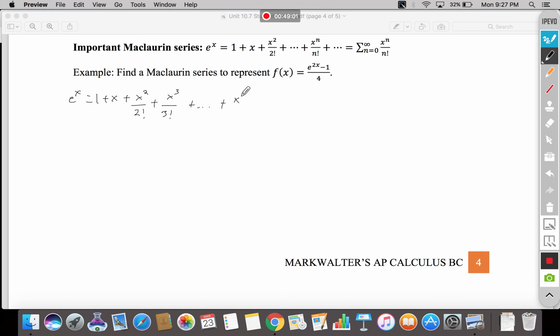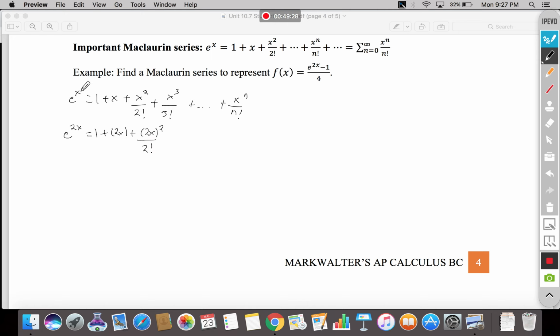We can just call it x to the n over n factorial. All right, let's start manipulating both sides of this to get something that looks like this. So let's say, hey, it's e to the 2x, so I'll multiply that by 2. I want to come in here and say 1 plus 2x plus 2x squared over 2 factorial.